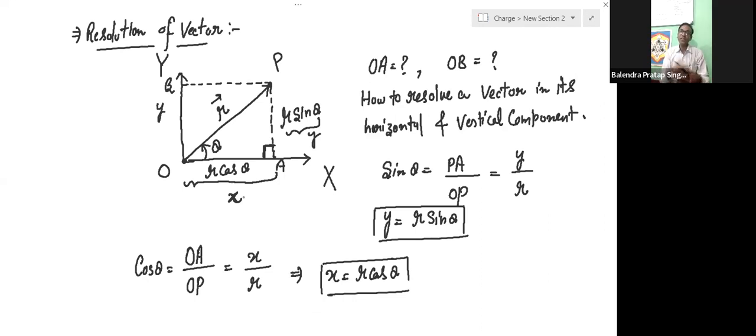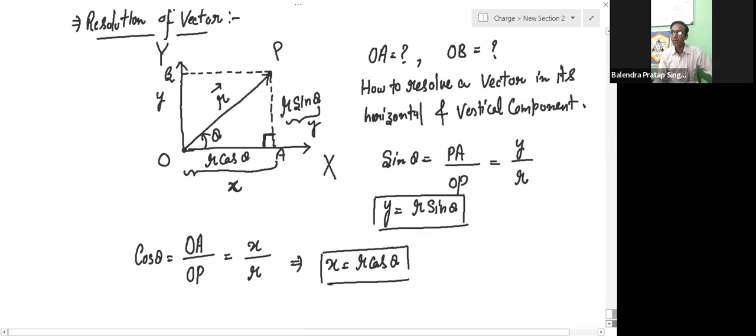So these are very connected: resolution of vector and addition of vector are actually the same thing. Take a note of this resolution of vector. This is our x-axis, y-axis. Is it okay? Have you noted it down?